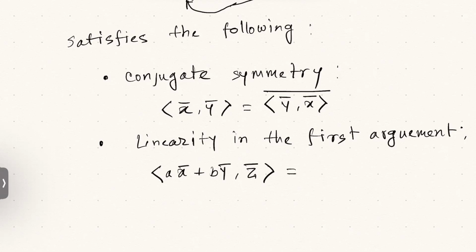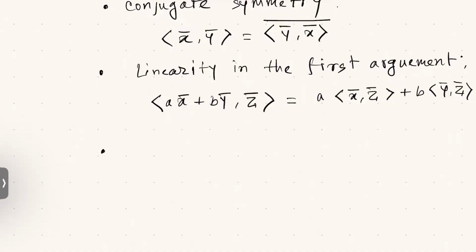So this is equal to a times the inner product of x and z, plus b times the inner product of y and z. But it is not linear in the second slot or second argument. It is only linear in the first argument.